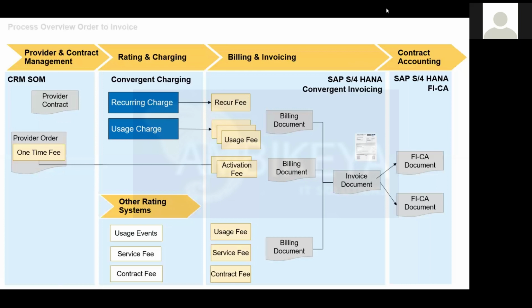It's possible to use consumption items. We also explain in the training when it's reasonable to use consumption items. For some architectures, for example, for utilities, which already receive rated items, it's sometimes not necessary to use consumption items. That means convergent invoicing is flexible there.